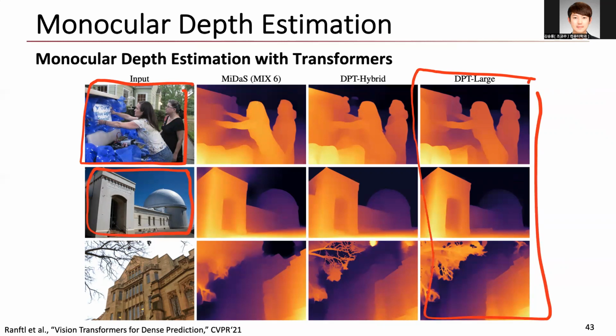Again, we do not use any geometry prior or multiple images or multi-light conditions. We only use this single image to achieve depth information. This is monocular depth estimation, or learning-based 3D computer vision.